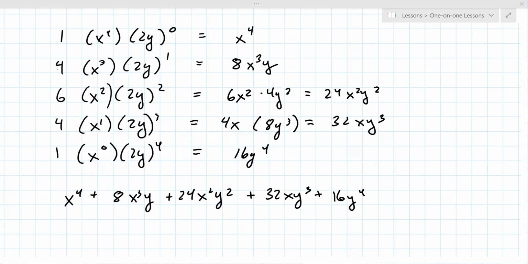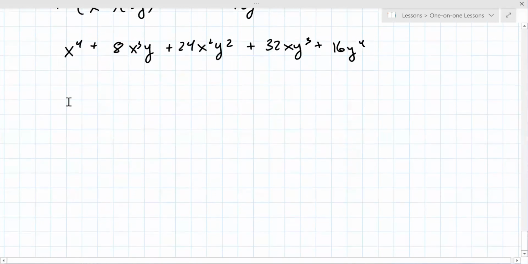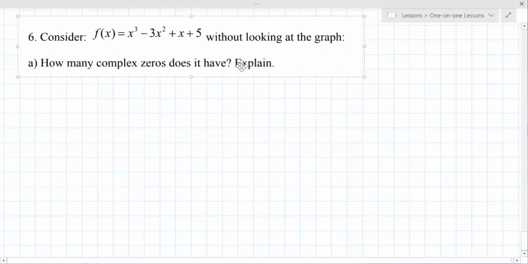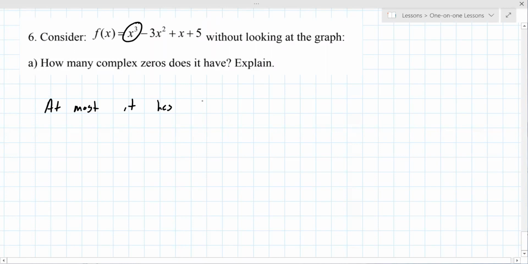This is weird. I don't know why you wouldn't look at the graph for this. This must be something your instructor emphasizes. That is weird because you would always look at the graph. Okay, so I think this is what you may have to verify with your instructor. This cubic means at most it has 3 real roots.